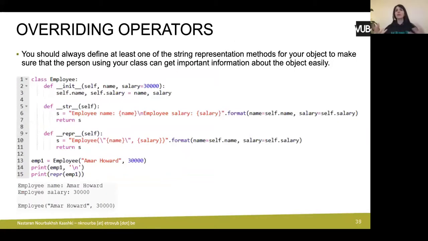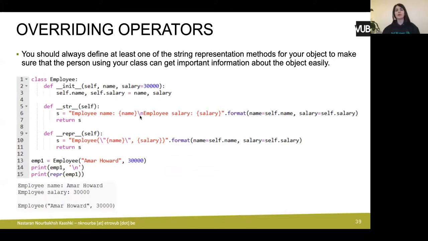So how can we use string formatting with str and repr? You can see here. I can override the str function like this and like this one. As you can see, with str, I'm formatting the employee name, which is the name of this employee, and the salary, the name of the salary.